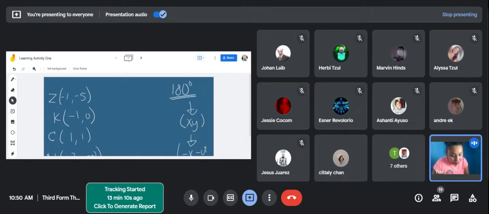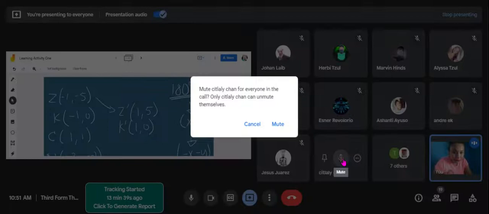So now what that means is that I am going to be writing Z1, and I need the inverse of the -1 and the inverse of the -5. So the inverse is going to be (1, 5). I have K1, and the inverse of -1 is 1. And the inverse of 0, well, it doesn't have one because 0 is 0. So then that would be that.